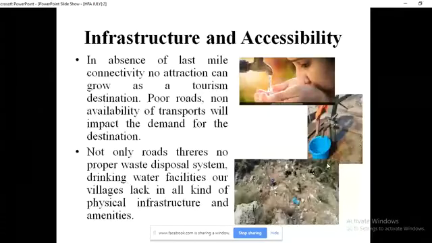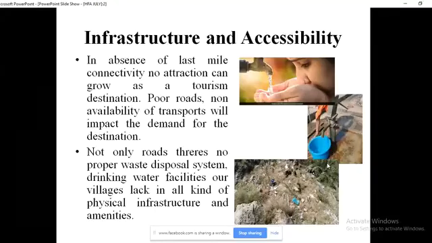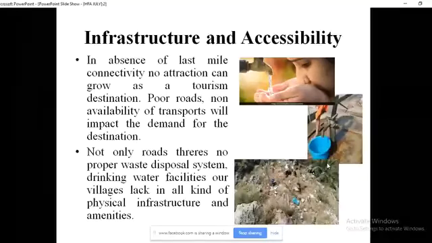Next, we have infrastructure and accessibility. Of course, it's a challenge in India because rural villages don't have proper facilities, like proper roads, in the absence of last mile connectivity. That is, the villages are not connected properly.